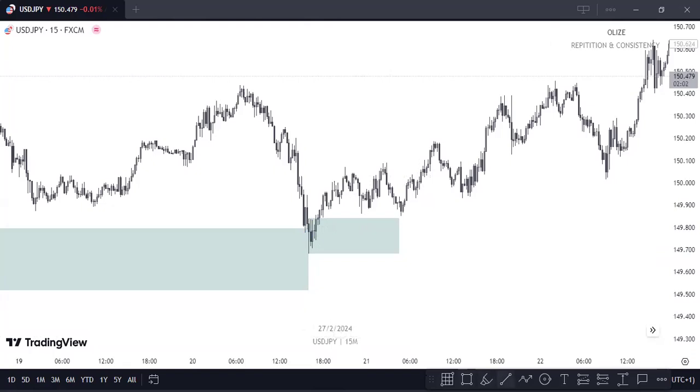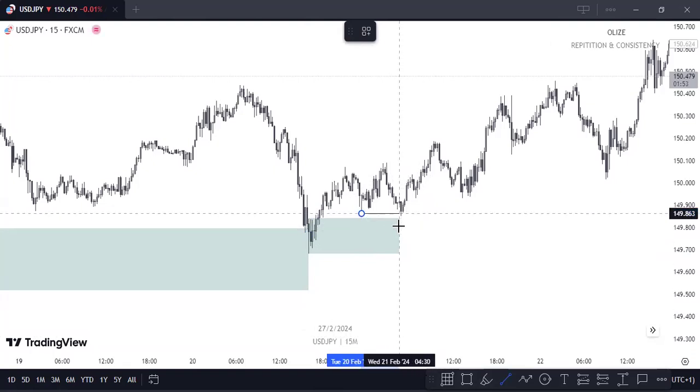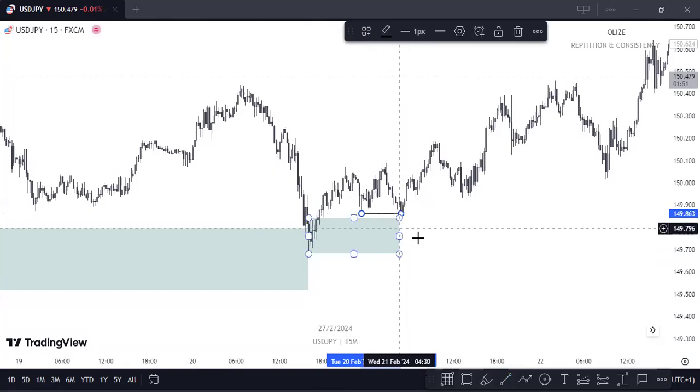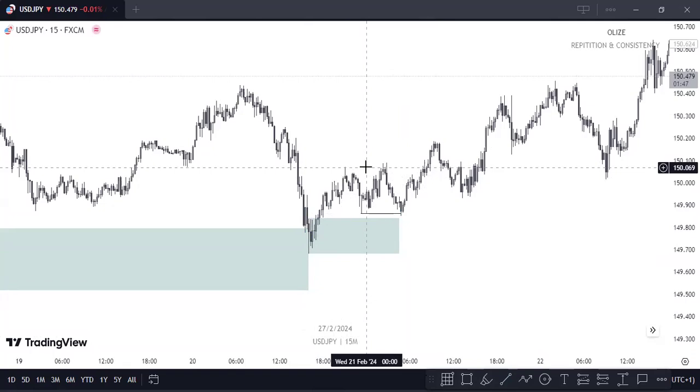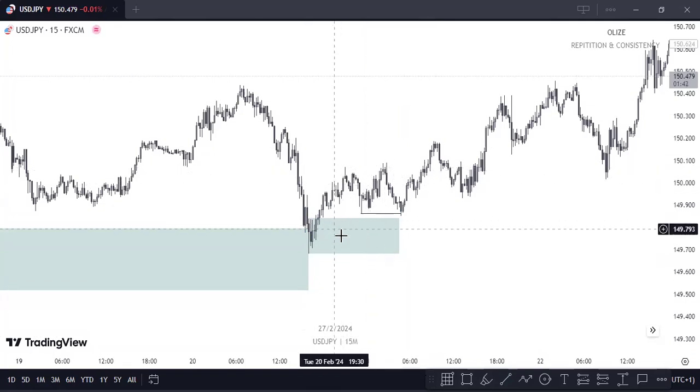This is your inducement. Are you seeing a break of structure here? Yes, boss. Exactly. Price didn't react to this breaker though.